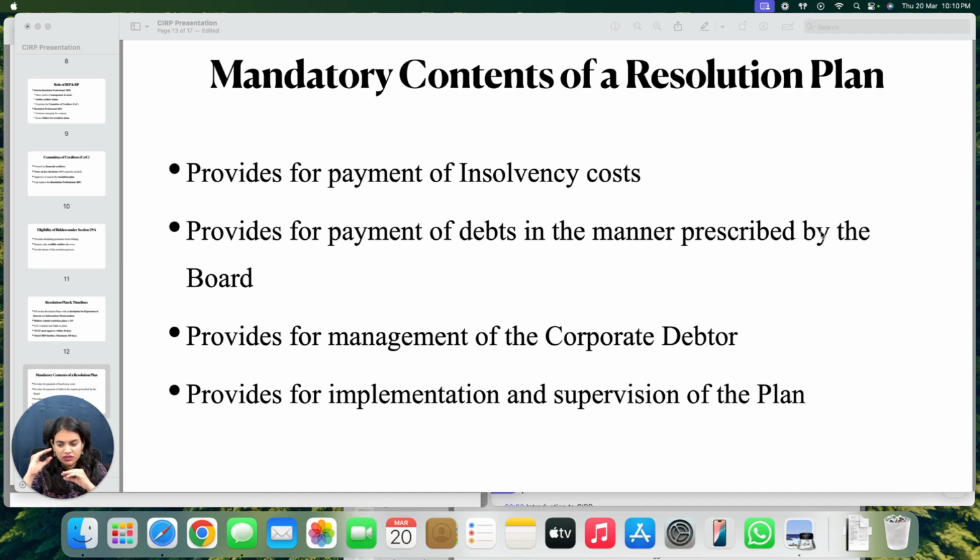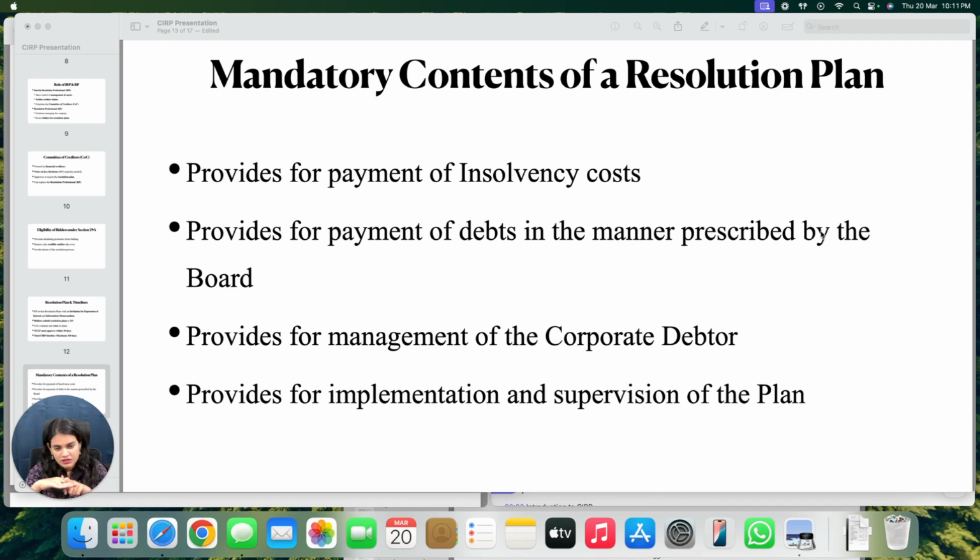Say, suppose, basing on the liquidation value. The entity valuation as given by the registered valuers is the liquidation value. So the liquidation value is the minimum amount that will be realized if the entire assets of the company are sold under liquidation. So that is the base price. That is an amount that will definitely be realized.